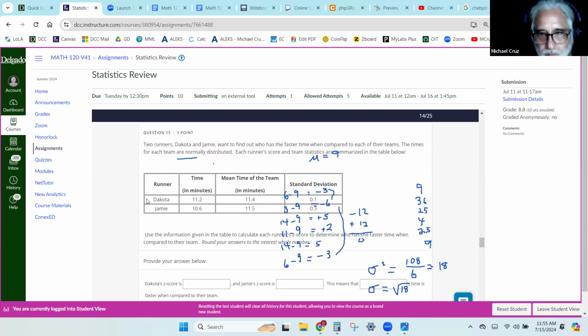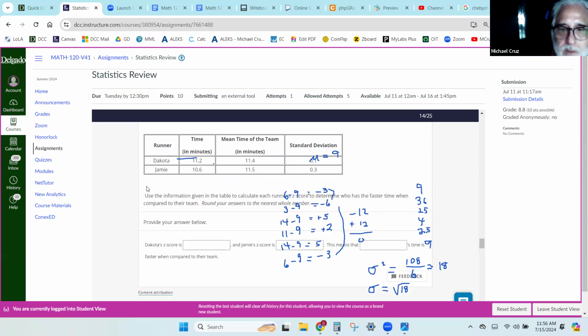Two runners, let's see, Dakota and Janie want to find out who has the faster time when compared to each of their teams. So the smaller standard deviation would be the better one. Okay. Anytime you're comparing, you're just going to look for the one that's the smallest.